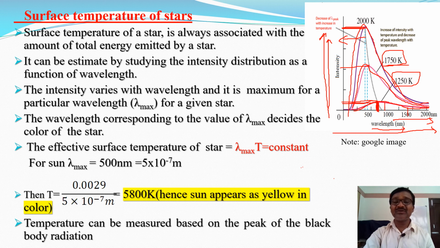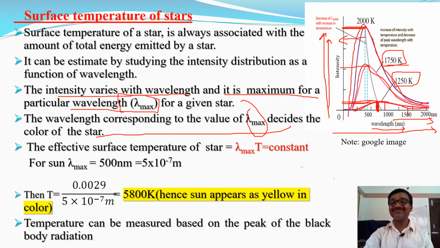Therefore, we conclude that intensity varies with the wavelength and it is maximum for a particular wavelength, which we call lambda maximum. That lambda maximum decides the color of the star. Therefore, for measuring the effective surface temperature of any star, we use this equation, which we call Wien's displacement law.